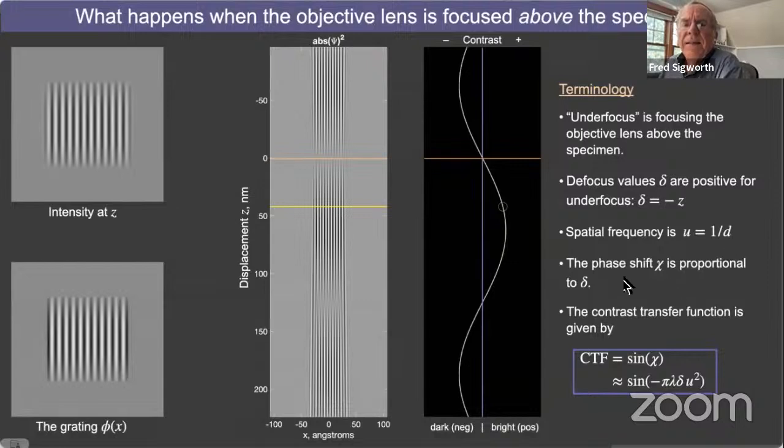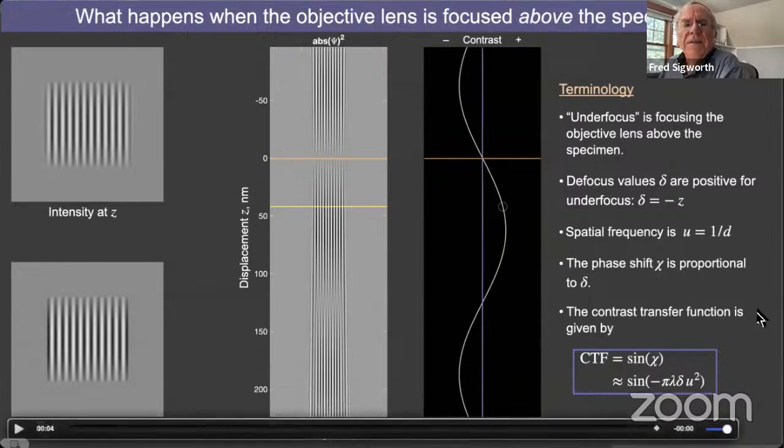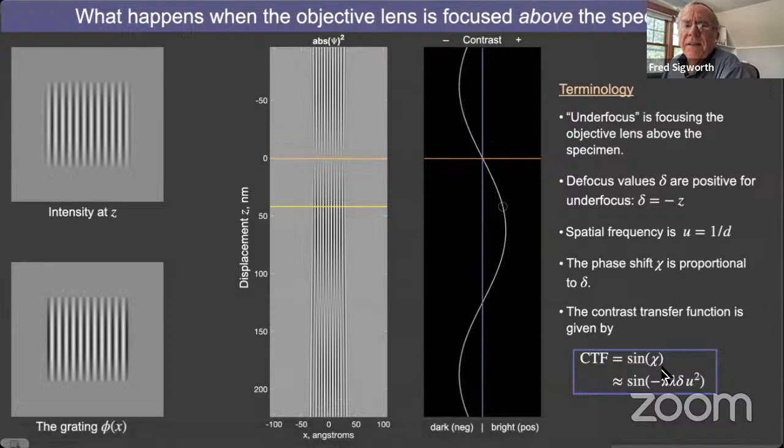And the phase shift chi, which is the phase shift between those 2 waves, is proportional to the amount of defocus. And so the contrast transfer, that is how much contrast we get from having a specimen phase grating here, is equal to the sine of this phase difference chi, and it's approximately this.